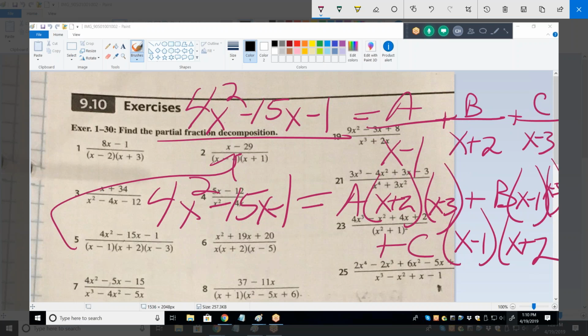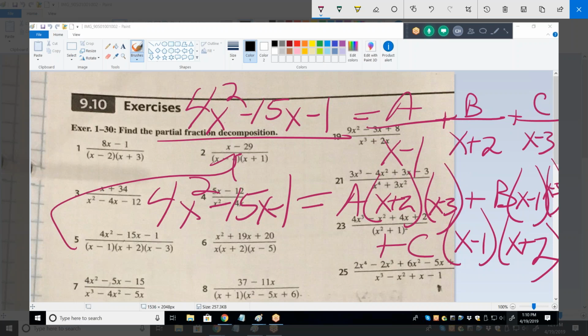Now, this is a little tougher because there's 3 variables, A, B, and C. So I can't really pick an x that makes A, B, and C go to 0. Can you pick an x that'll make 2 at a time go to 0?